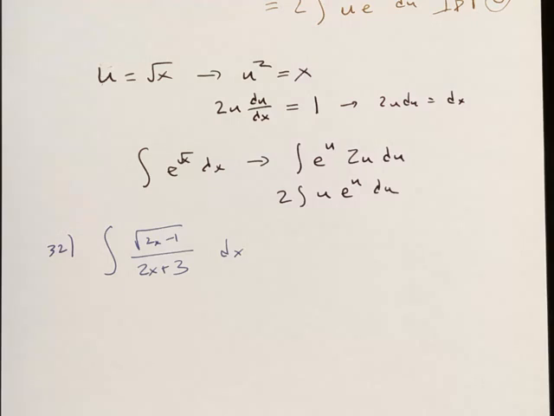So what do you think I should try first? Well, what one would you multiply by? Not a problem multiplying by one, but do you see something that's going to make it nice if I multiply by one?